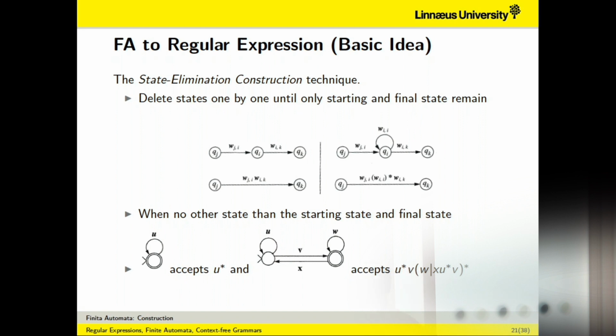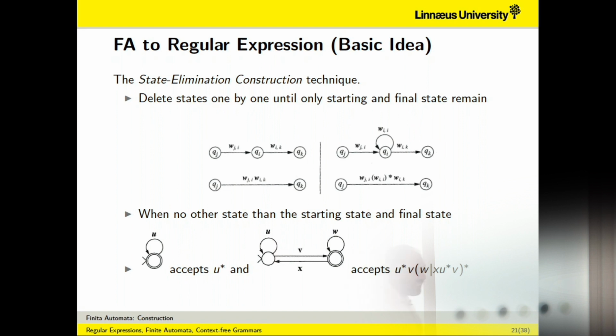And how can we do that? For example, here, this one is the initial state and this one is the final state, and here we have some symbols, A or B or whatever combination you have. If I remove this one, I can go directly from the initial state to the final state, but then I have to combine these two.